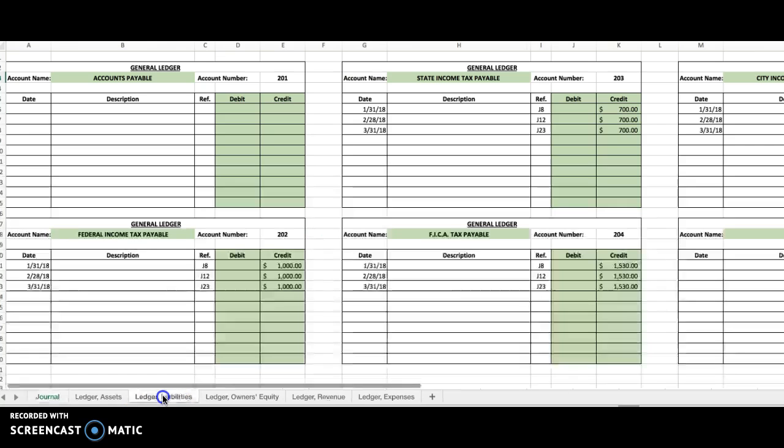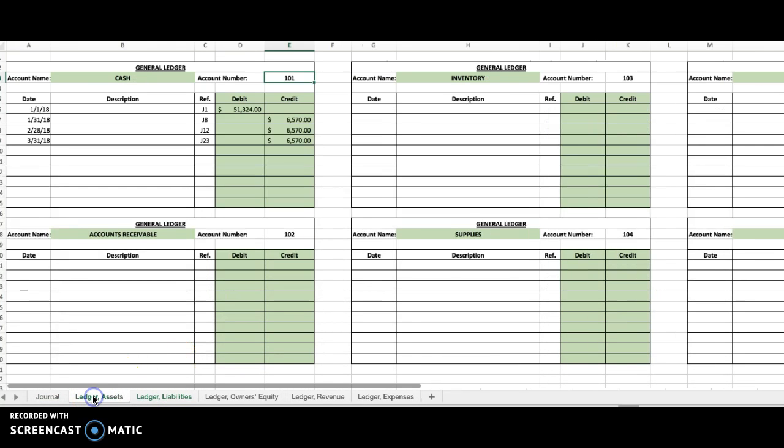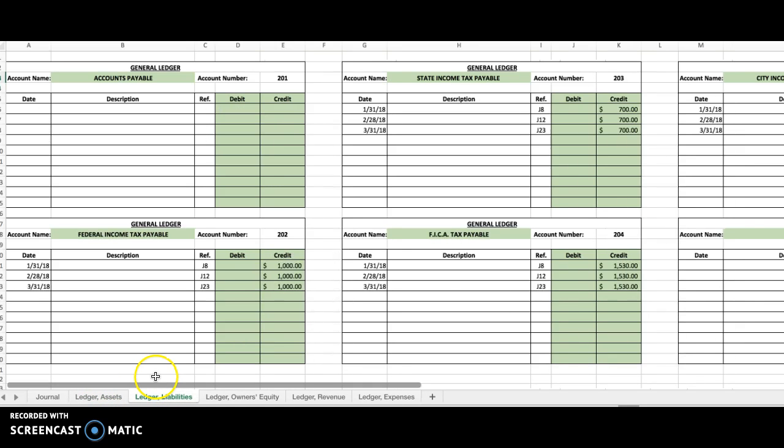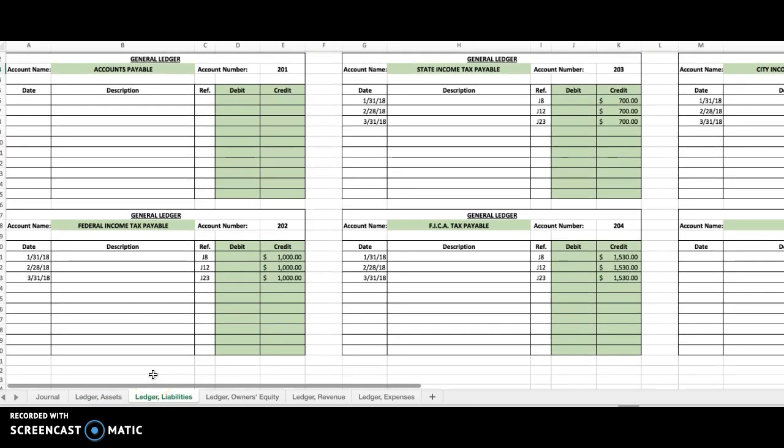Now, one point I want to make in all of these accounts, not the assets necessarily, but the liabilities. Typically, taxes are paid quarterly. So at the end of March, this is the end of the first quarter of the year. So if I'm the accountant for this business and I look in federal income tax payable, this tells me I've got 3 credits. And the balance obviously is $3,000.